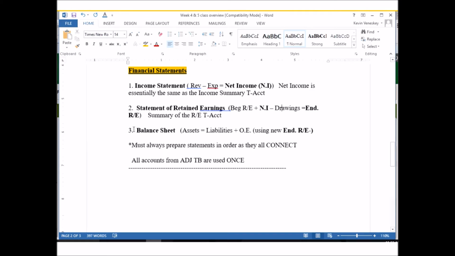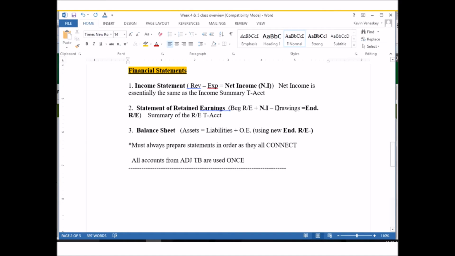The final statement that we're going to look at this week is the balance sheet. And the balance sheet has every other account. We have all of our assets, and then basically it's the equation. All of your assets better equal your liabilities and your owner's equity.